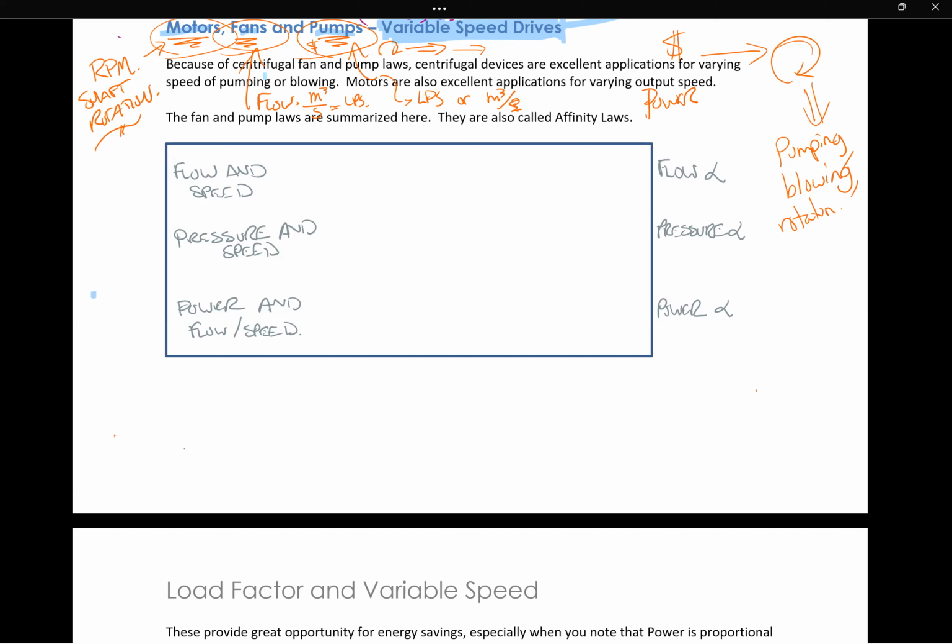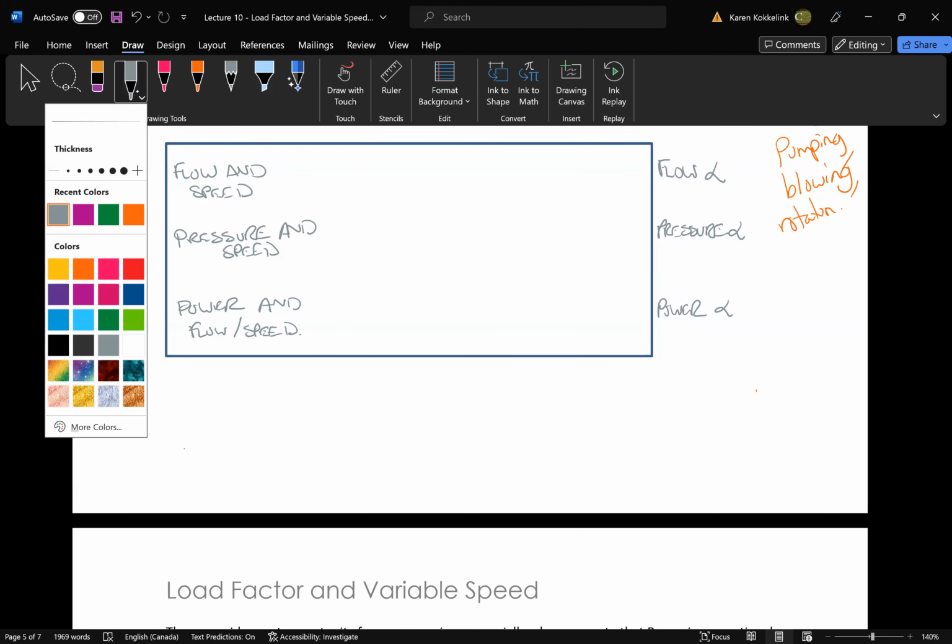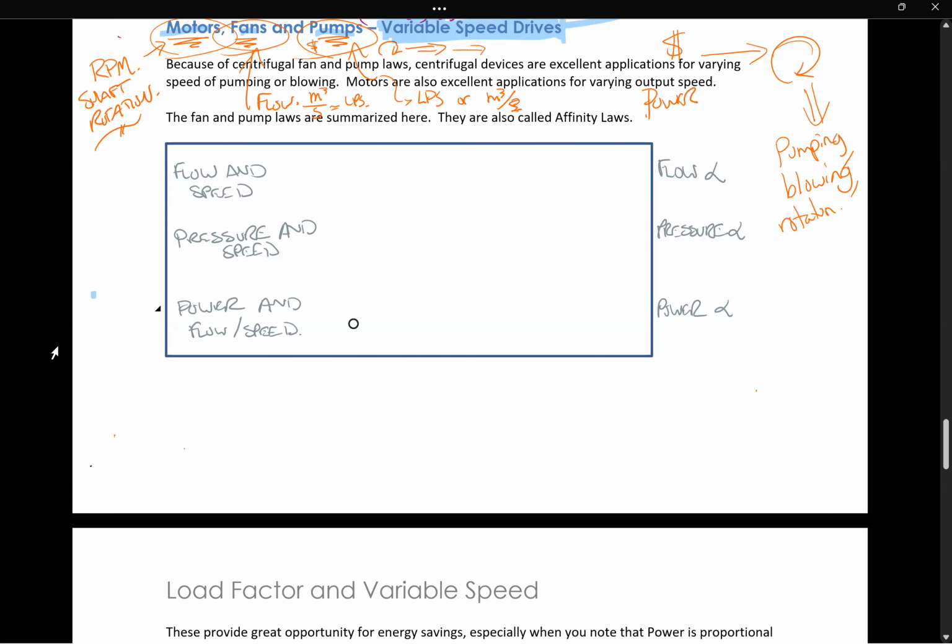If we look at flow, we can see what flow is proportional to. Flow is in liters per second or meters cubed per second. Let's say we want to vary the amount of flow.